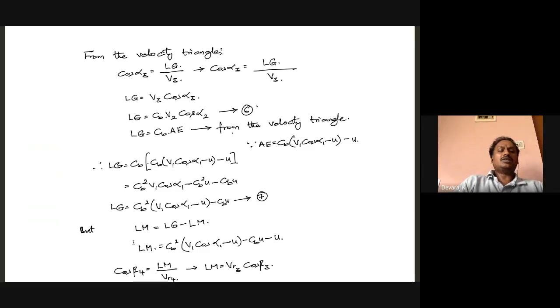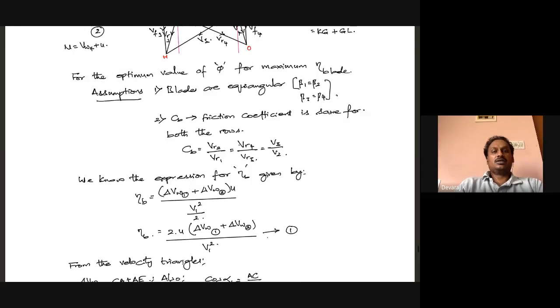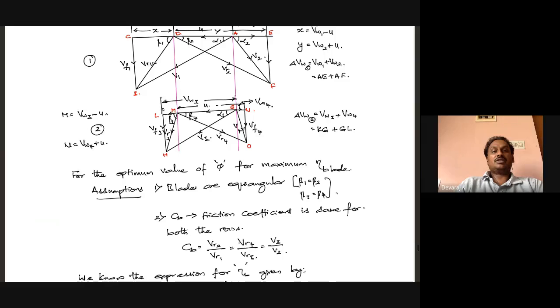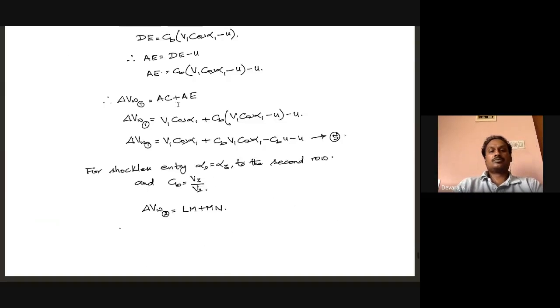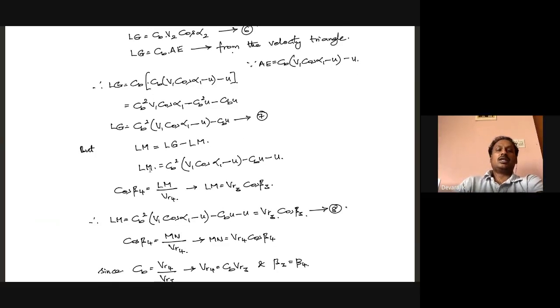Now, what is LM? LM is equal to LG minus your MG. Go back and check it here: LM is equal to LN minus MN. It is LG minus LN actually.